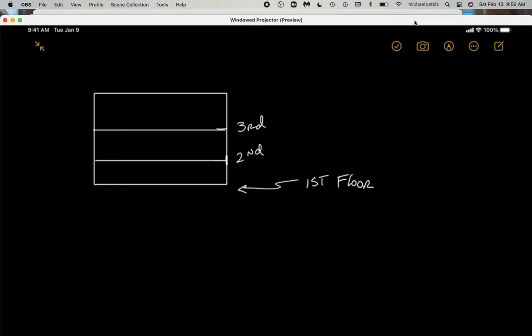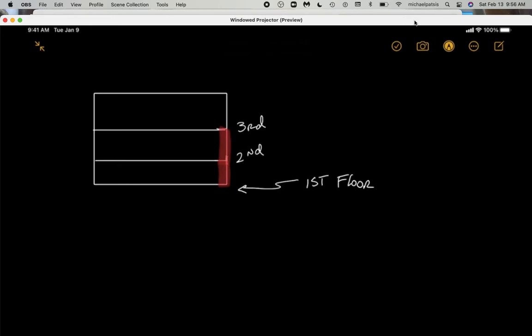Okay, so we have the man entering on the first floor, and we have him running up to the third floor. In doing so, how many floors does he traverse? Answer, he goes from here to here, that's 1 floor. Here to here, that's a 2nd floor.